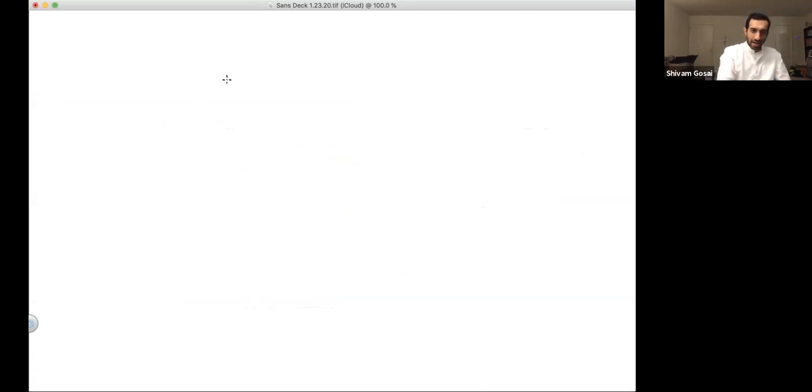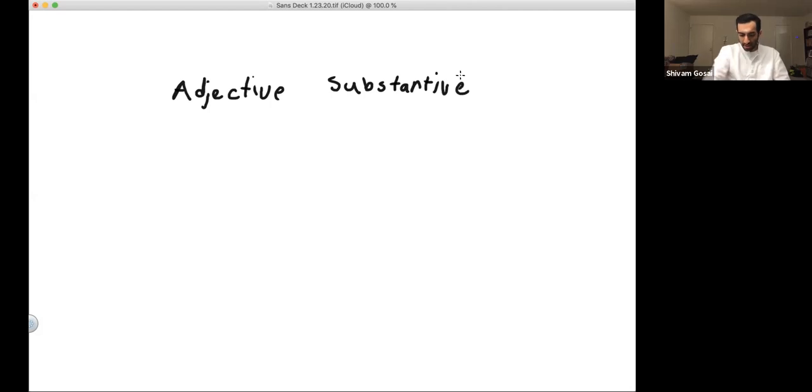We have an adjective and we have a substantive. Let me look at the example in the book. It says, dirgaha vrikshaha, a tall tree.